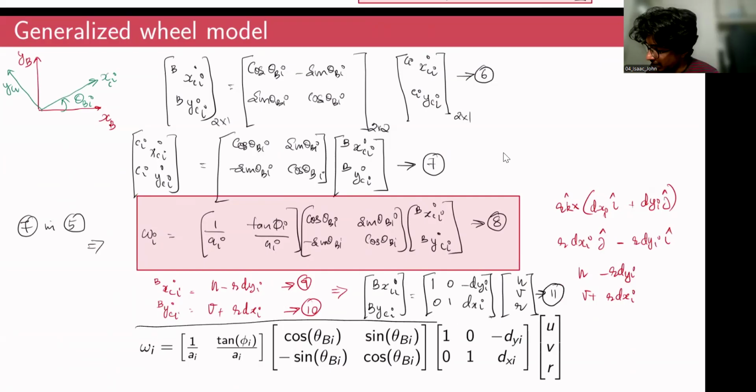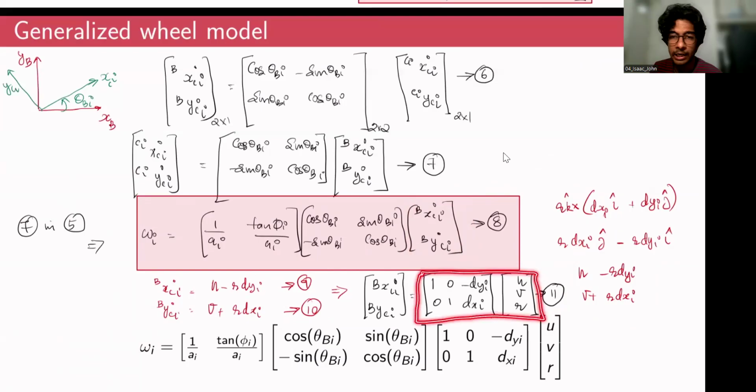And if I substitute this equation 11 onto equation 8, in place of this vector I would substitute whatever we have obtained on the right-hand side of equation 11.